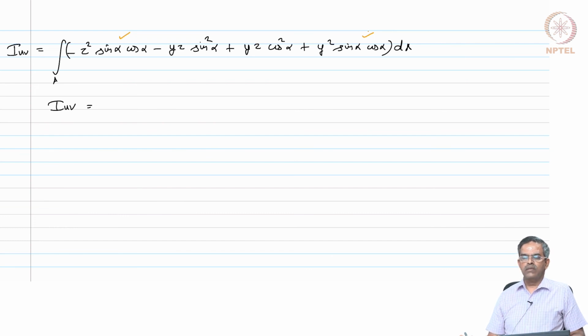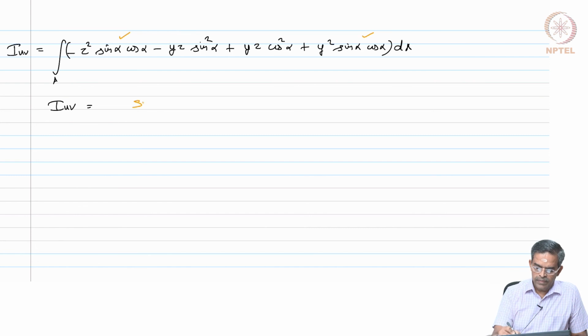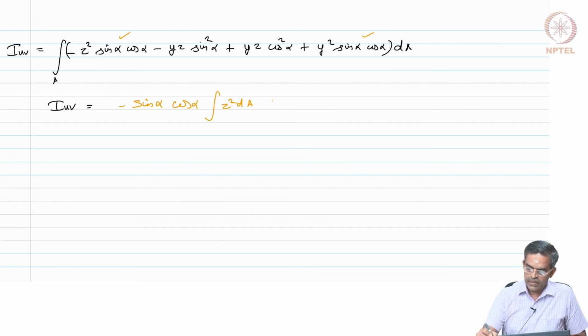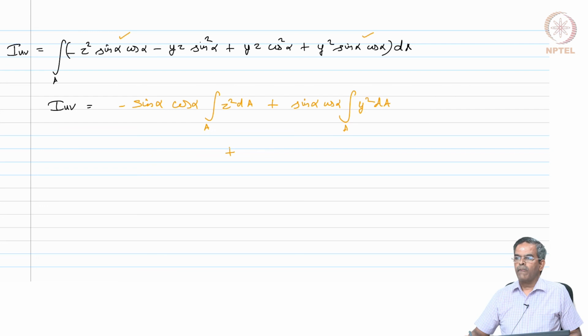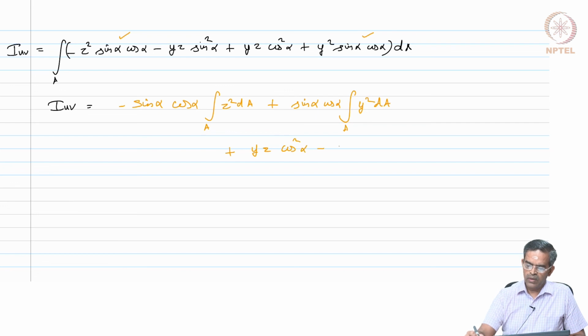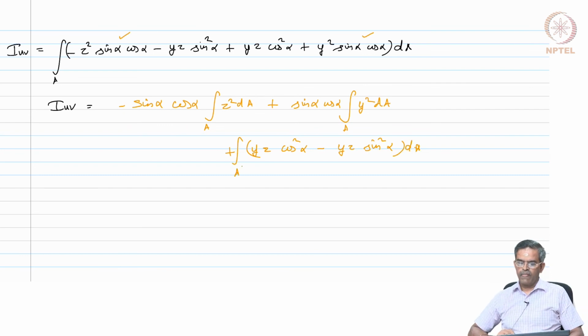So, what I will do is write sin alpha cos alpha integral z square dA, with a minus sign, plus sin alpha cos alpha integral y square dA, plus the integral of yz cos square alpha minus yz sin square alpha dA for the whole area. Am I right?